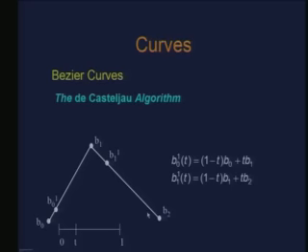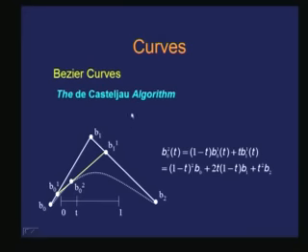Similarly, for this span I apply the linear interpolation and obtain the point B11, and then I get a new span defined between B10 and B11, and I repeat the linear interpolation for the parameter value t along this span and get the point B20.